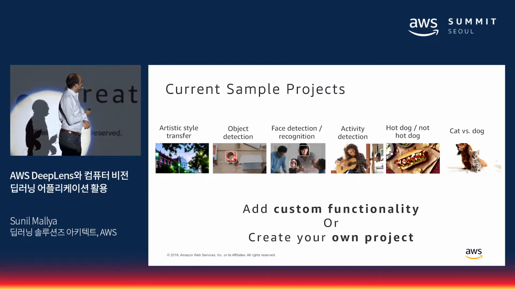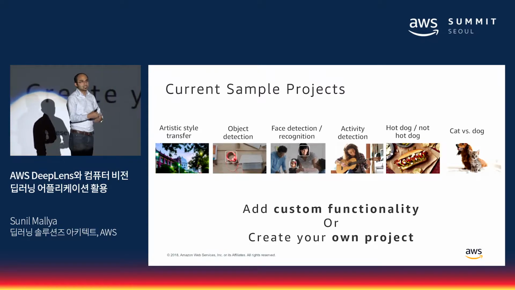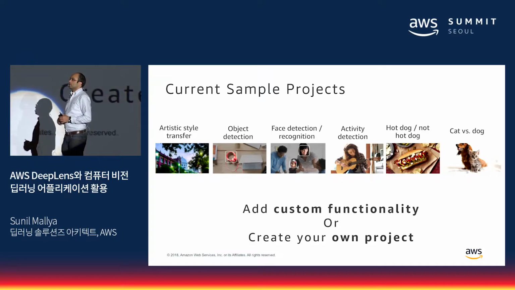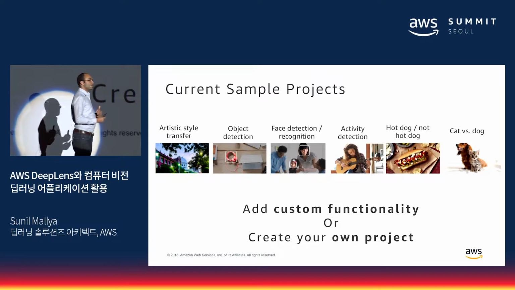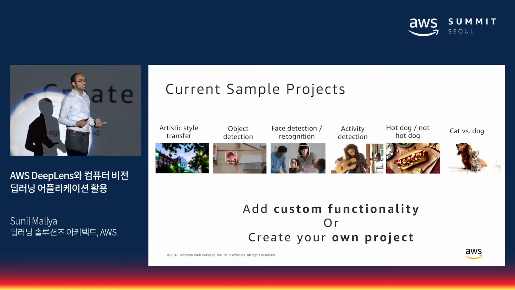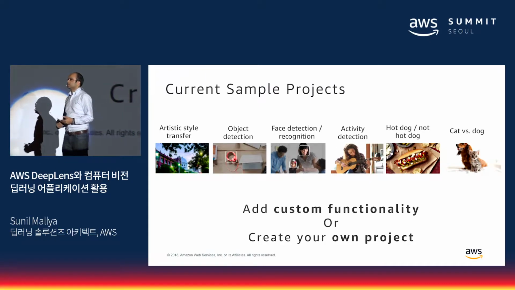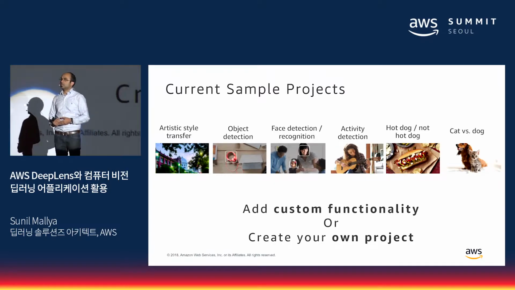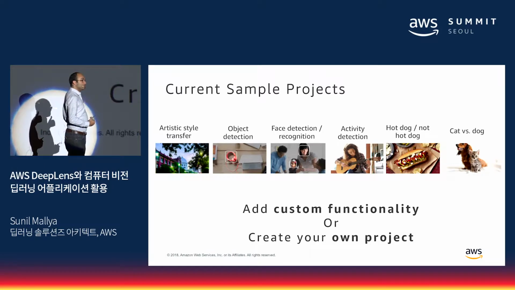Here's a cool model with activity detection where you can detect if a person's brushing their teeth, playing a guitar, etc. So in essence, we have provided a lot of samples to try and fit some of the use cases, and we will keep adding more examples where you can leverage computer vision technology but at the same time, for people who are not familiar, it's a good way for you to learn machine learning.